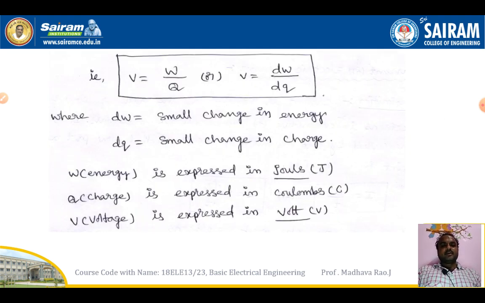Voltage V is equal to the rate of change of energy per charge, V is equal to dW by dQ, right? dW is a small change in energy, dQ is a small change in charge. W is expressed in terms of joules, Q is a charge expressed in terms of coulombs, and V is voltage expressed in terms of volts. These are the units of energy, charge and voltage.